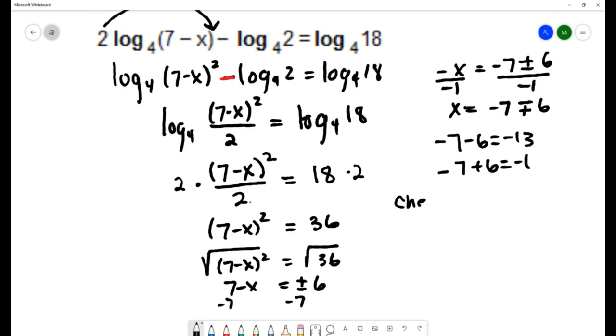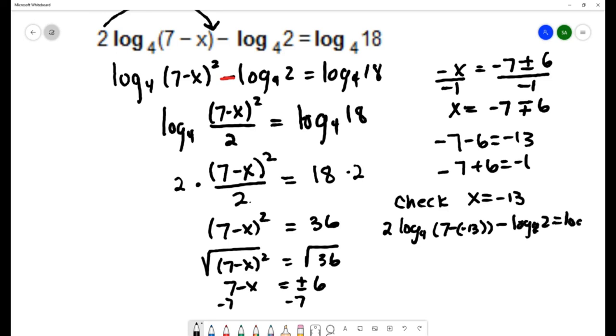And let's check each one of them. Let's check x equals negative 13. 2 times log base 4 of 7 minus negative 13, minus log base 4 of 2, equals log base 4 of 18. And because this is minus and negative, we change that to plus. That's 7 plus 13.